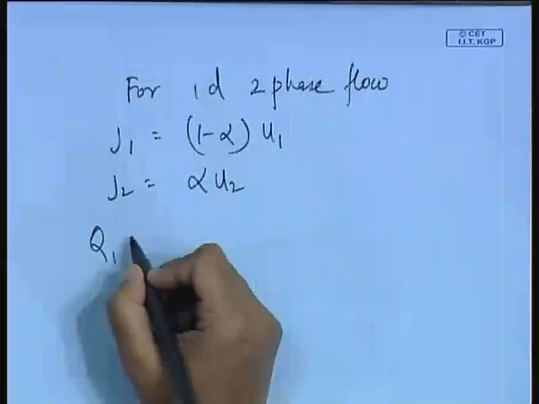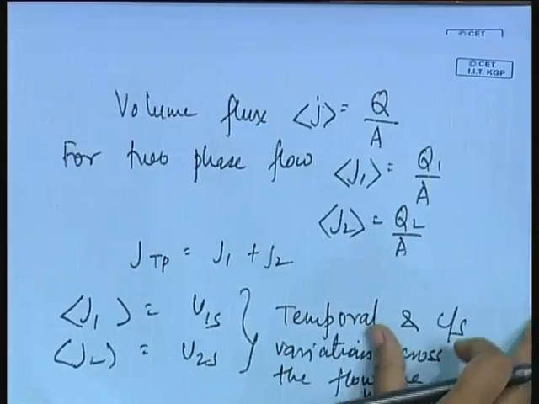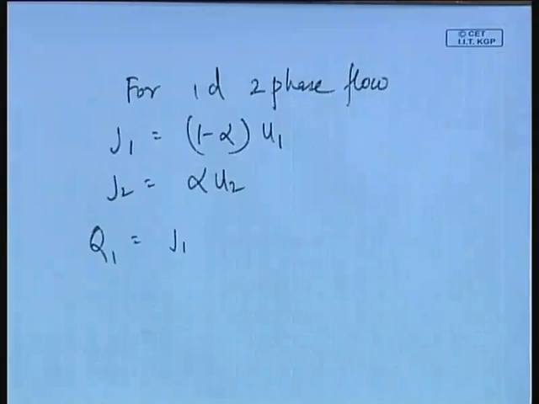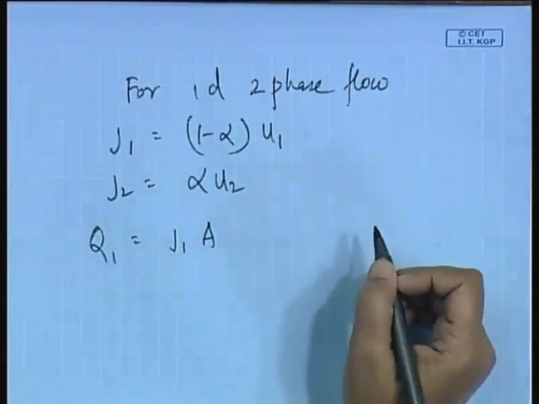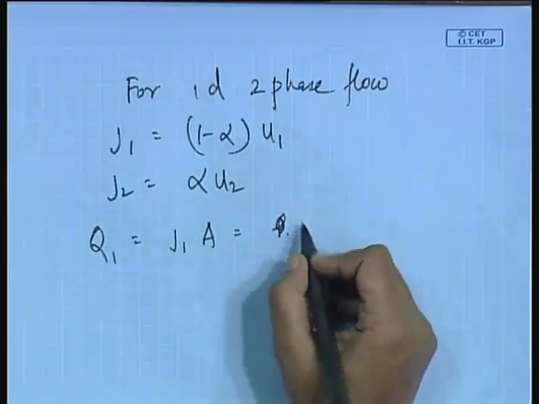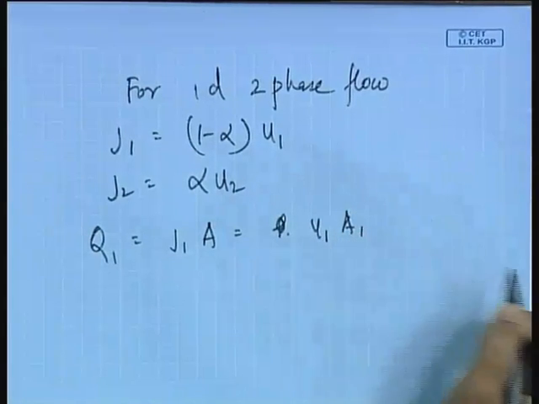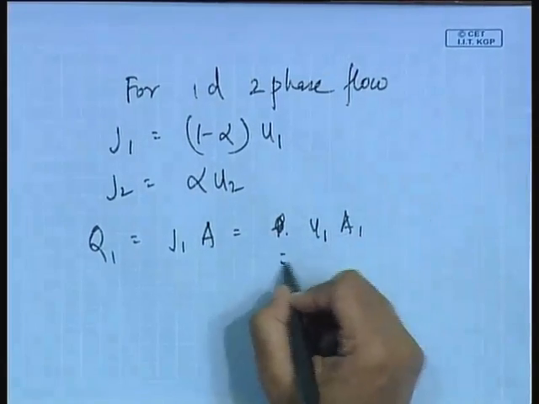What is Q1 equal to? From the basic definition which I have shown, Q1 equals J1 into A. This is equal to U1 into A1. What is A1?